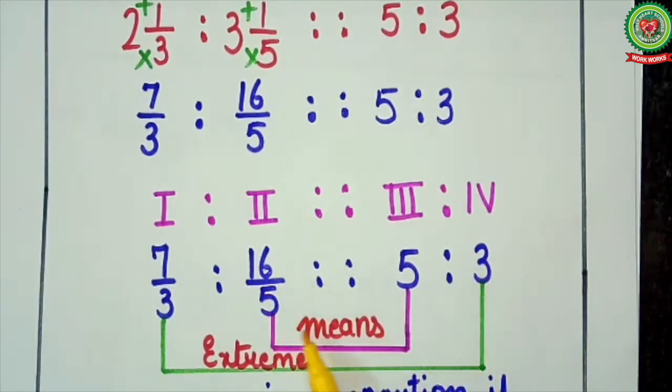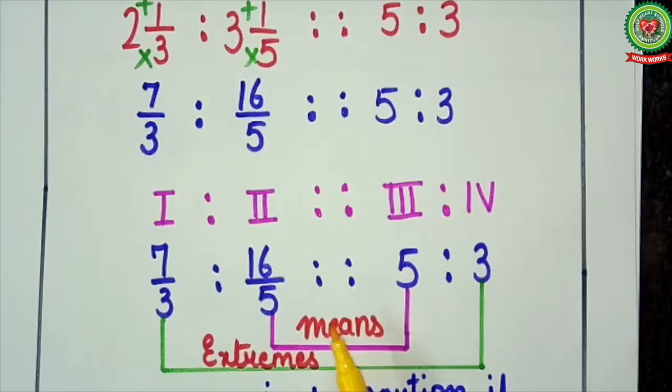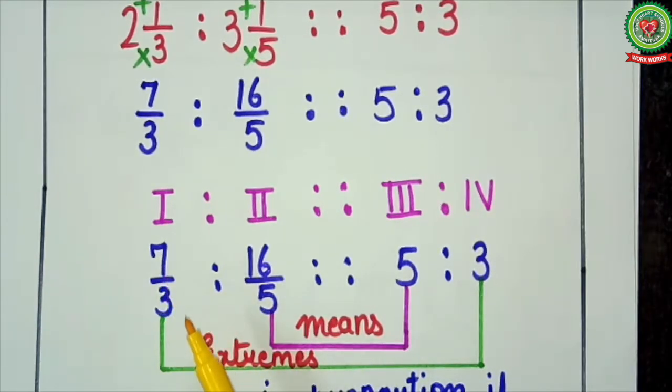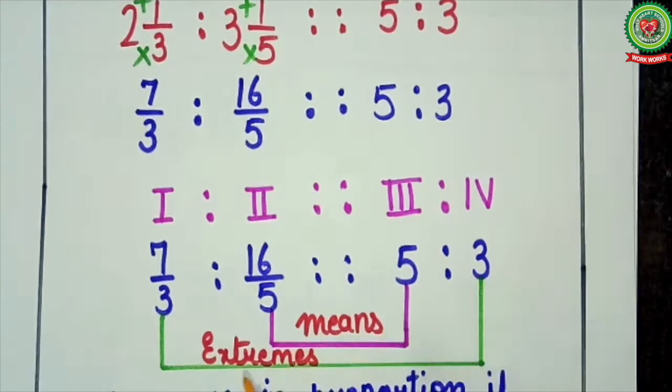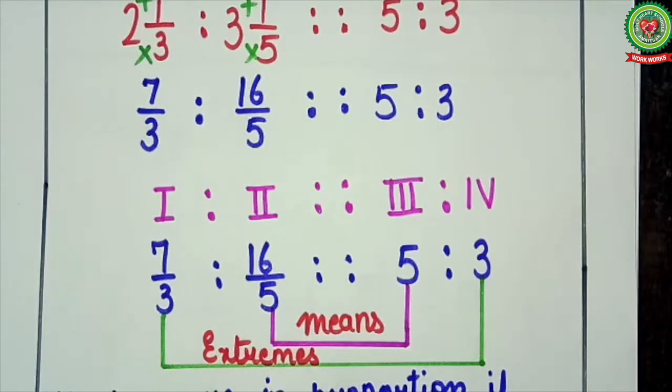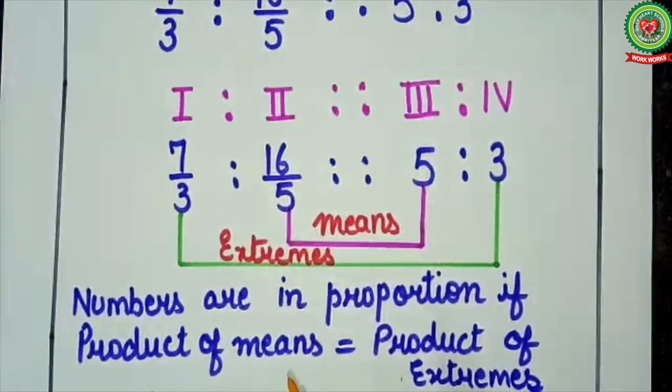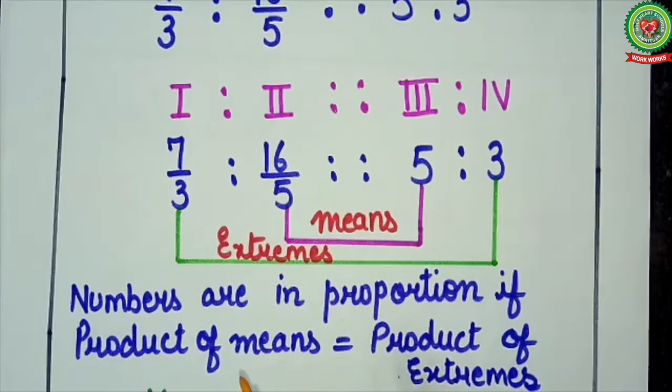Here these are the middle terms, so these are means, and 7 upon 3 and 3 are the last terms, therefore these are extremes. Now what was the result? Numbers are in proportion if product of means equals product of extremes.